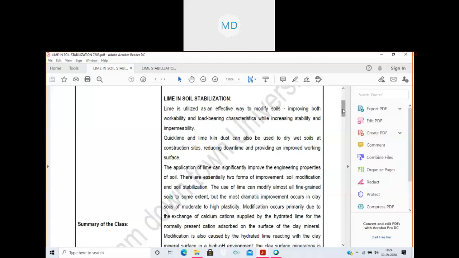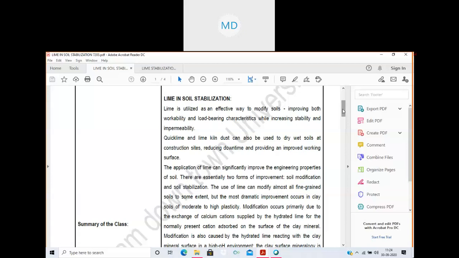Those techniques are termed in one word, soil stabilization or stabilization of soil. This is generally an improvement work, and this improvement work includes increasing the bearing capacity, tensile strength, and overall performance of the soil.